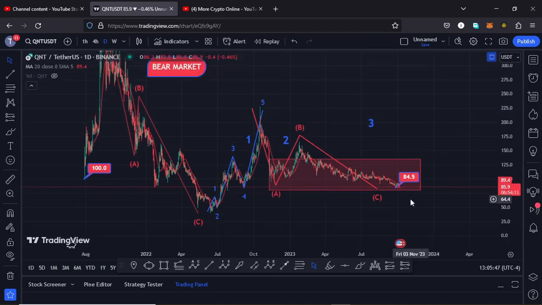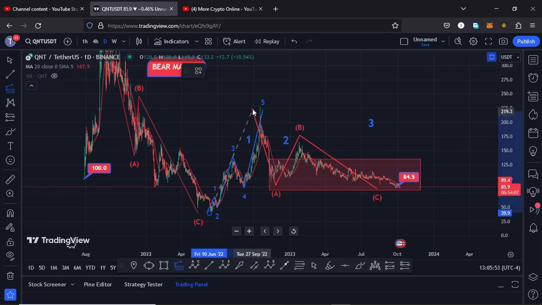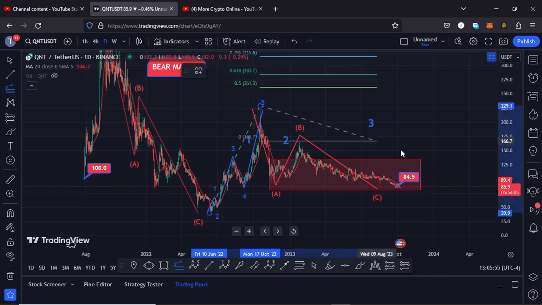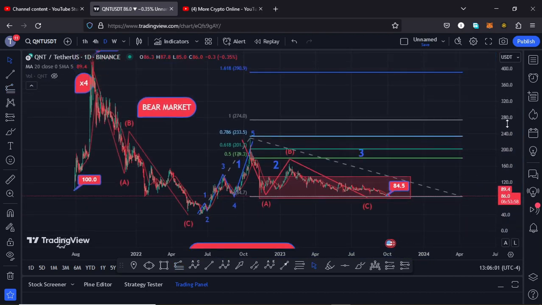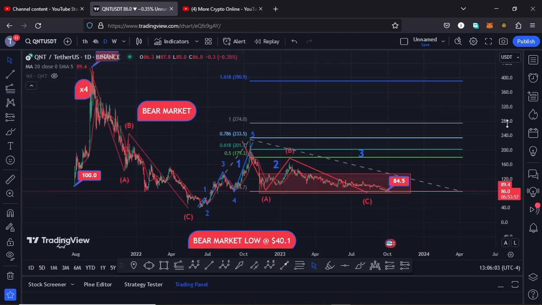If that is the case, then using the trend-based Fibonacci, connecting it from the low of the first wave to the high of that wave 1, then dragging the pips to the low that we have at the time of this recording, I get a target area for the third wave at the Fib level 1.618, and that is at around the $390.9 mark, which is the minimum that we can expect that wave 3 to do.